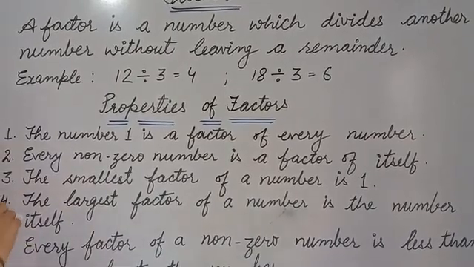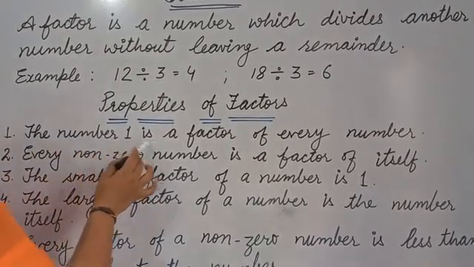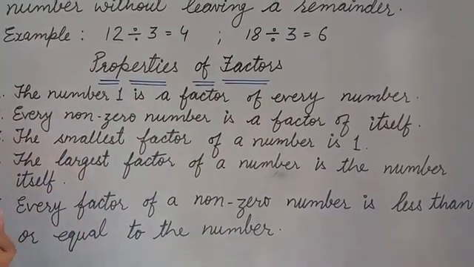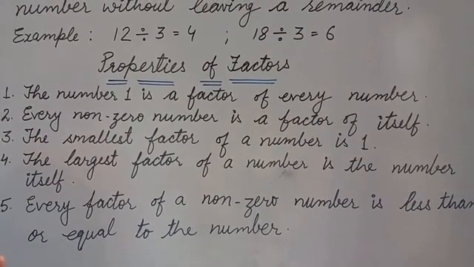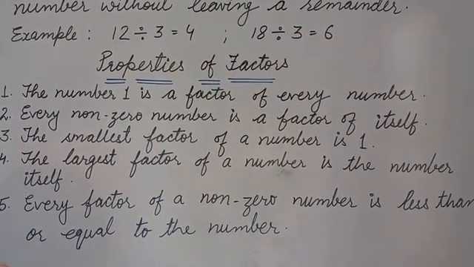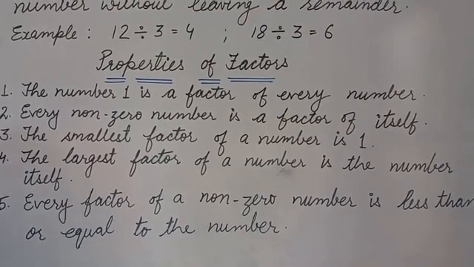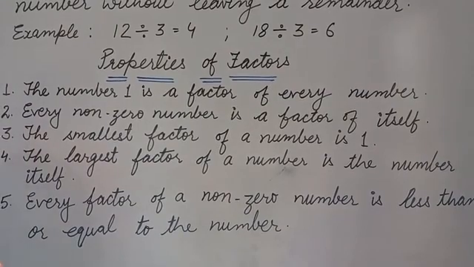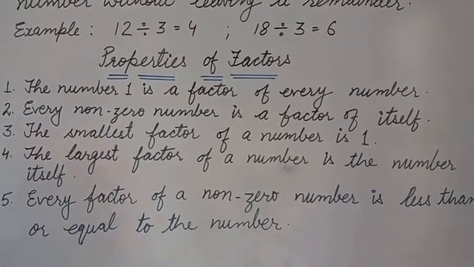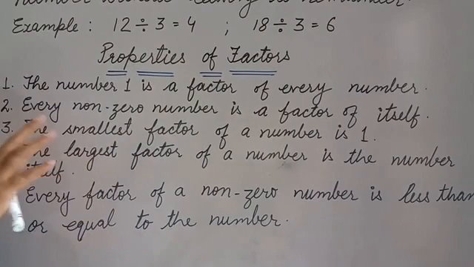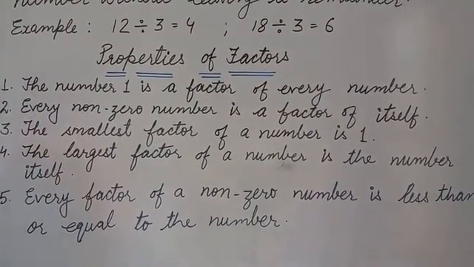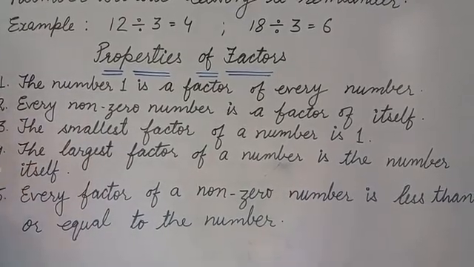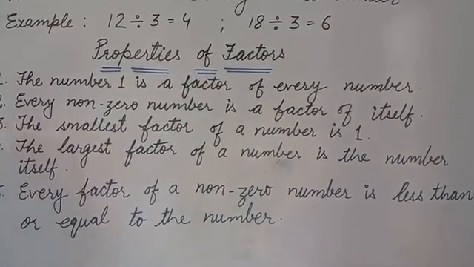The first property: the number 1 is a factor of every number, because every number comes in the 1 table. Then the second property: every non-zero number is a factor of itself. Non-zero number means a number which is not zero. All numbers except zero are factors of themselves, because every number comes in its own table.